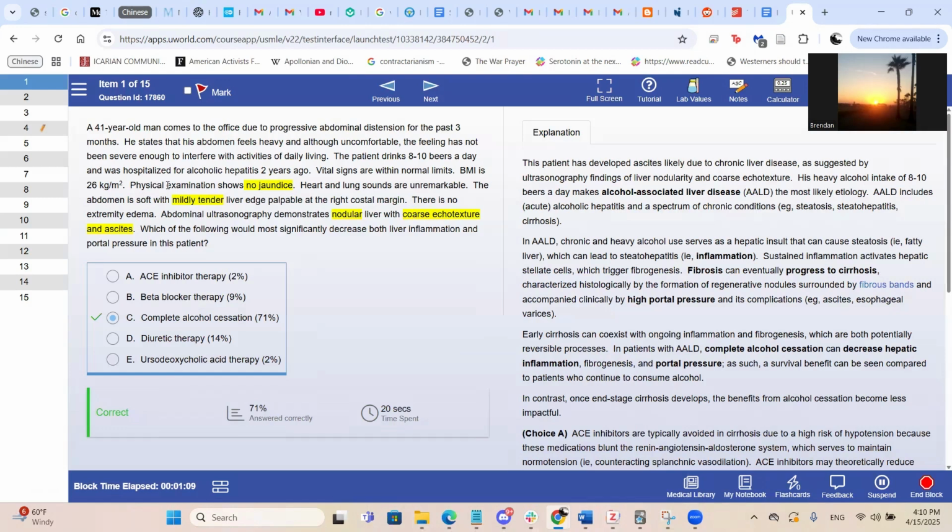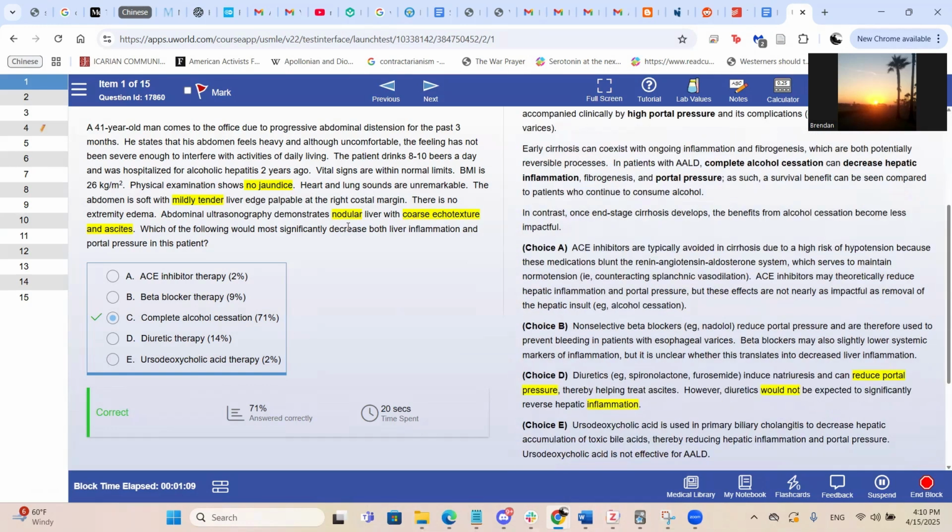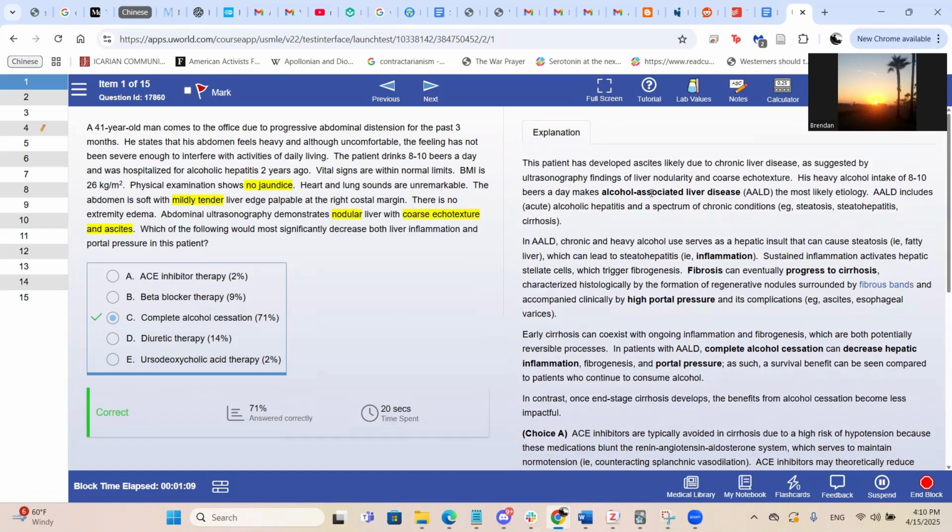So the answer here would be complete alcohol cessation. Notice that technically this patient doesn't have cirrhosis, I don't think. They refer to it as alcohol-associated liver disease. You can tell, he's fairly asymptomatic. He does have ascites, but he has no jaundice, and he hasn't had any interference with daily living activities.